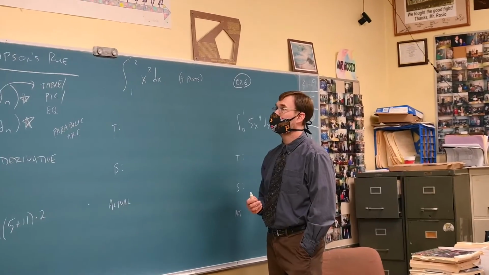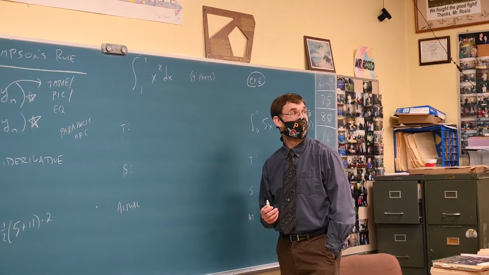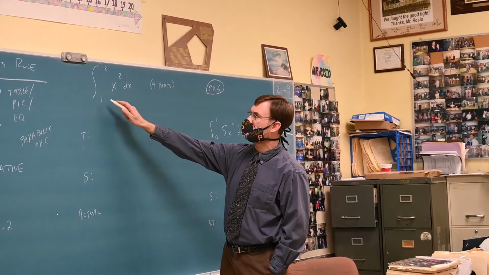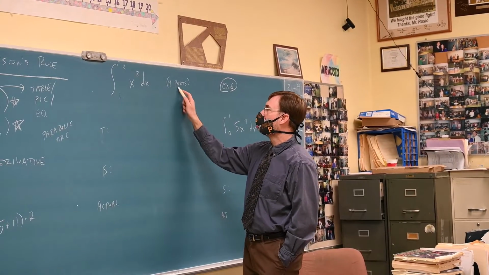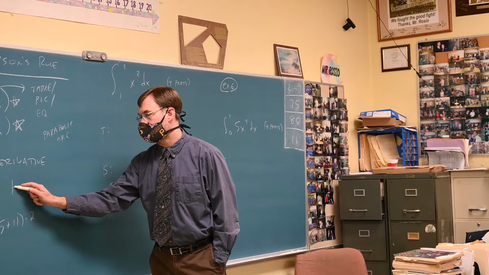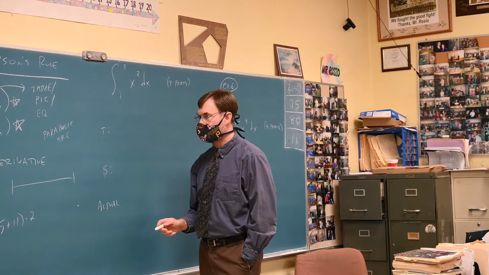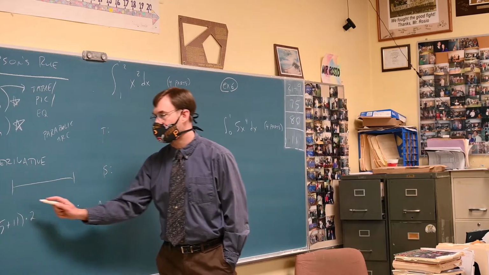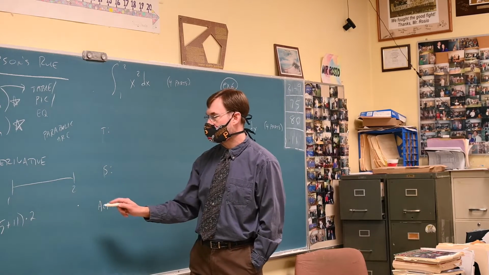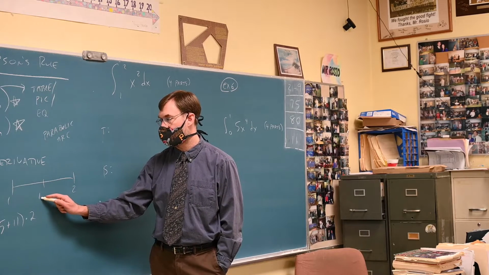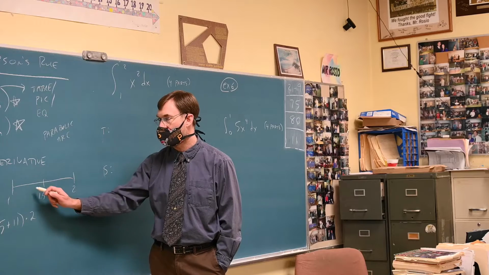We'll do 2 of these, and hopefully we have time to do that. So if we do the integral from 1 to 2, and we want to split it up into 4 parts, maybe it's a good idea, maybe it's an unnecessary idea, to draw yourself a number line section just to see what you're looking at. So if we go from 1 to 2, and I split it into 4 parts, I'd split it in half, so I'm looking at 1.5.